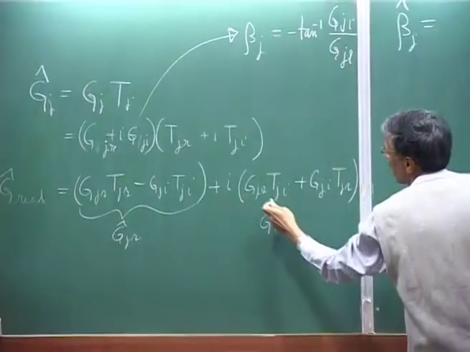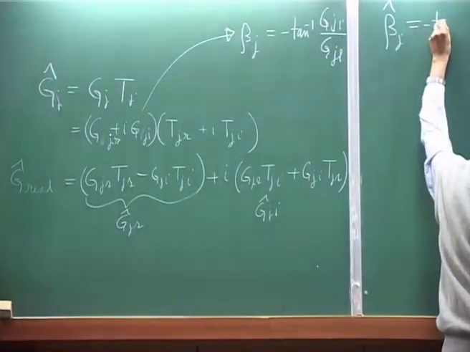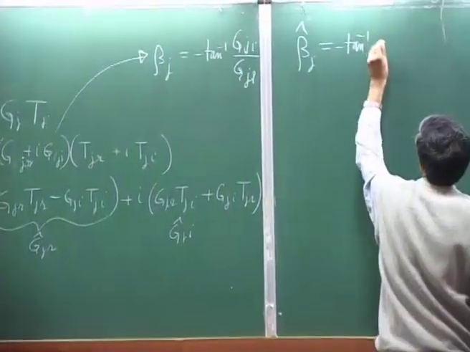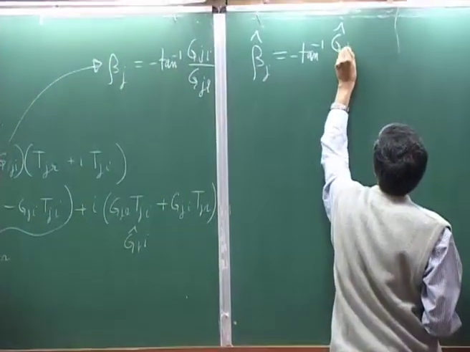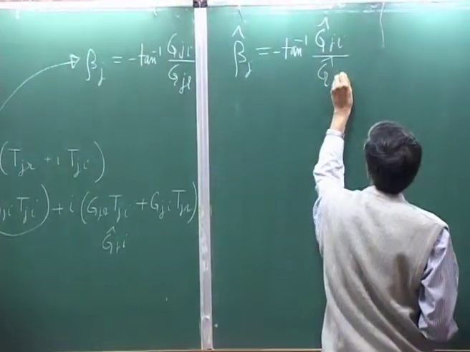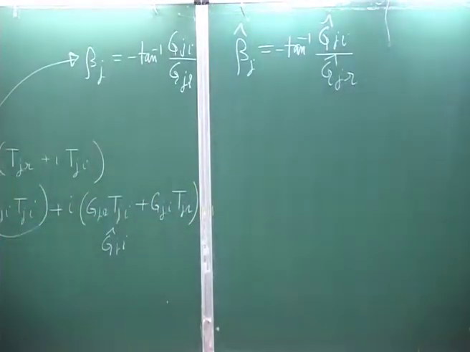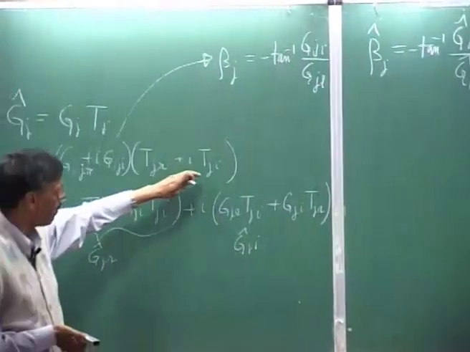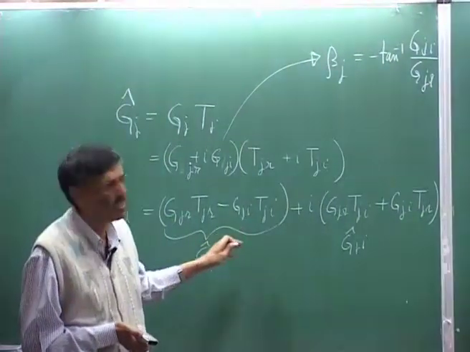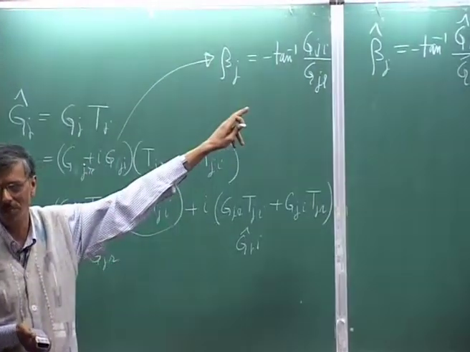This will change because the real and imaginary parts have changed, and that would be tan inverse of g hat ji by g hat jr. So that is what happens. You can see that if you have a transfer function with an imaginary part, then beta j and beta hat j are not the same.